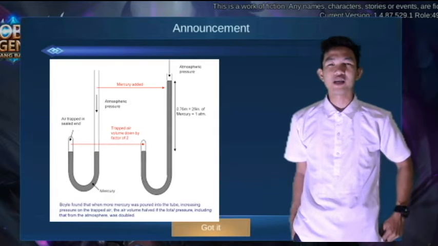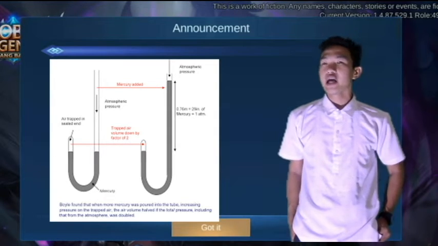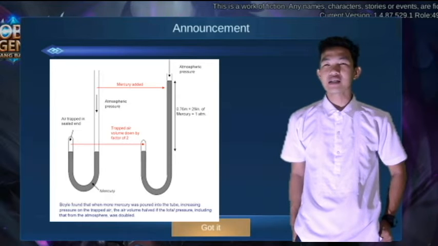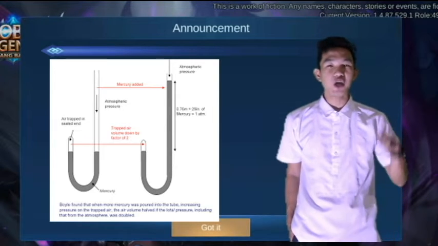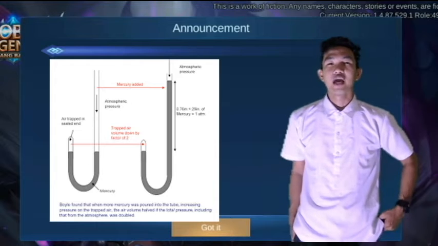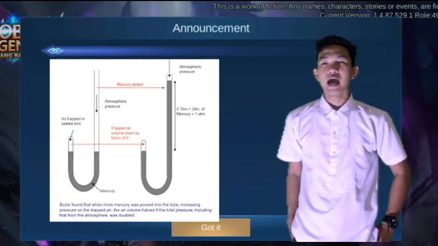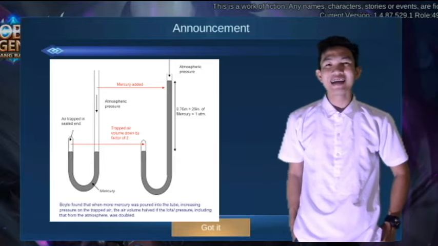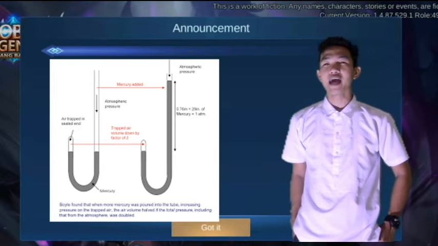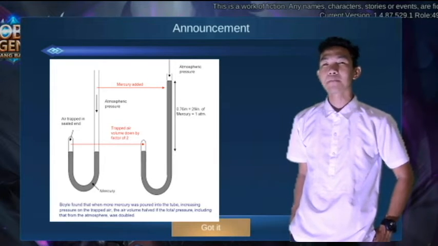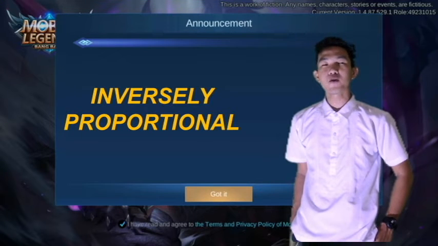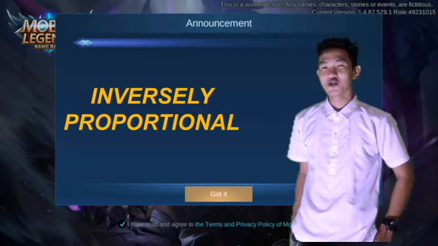He performed an experiment wherein he dropped a fixed amount of air in a J tube. He changed the pressure and controlled the temperature, and then he observed that the volume of the air inside the J tube is inversely proportional to the pressure.